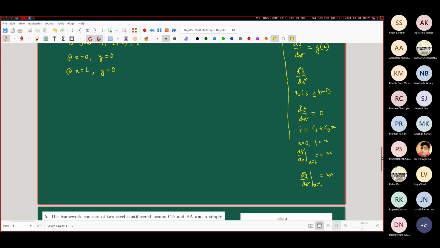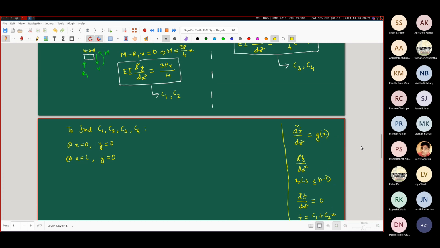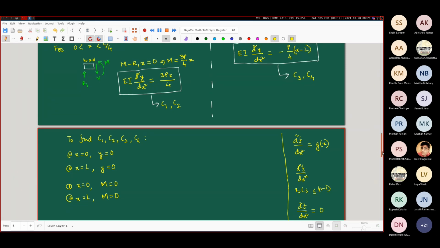So if you go back to this thing, and from the expressions that you obtain for y, you apply something like at x equal to 0, M equal to 0, at x equal to L, M equal to 0, that is fine. But it is not going to help you to solve for C1, C2, C3 and C4.